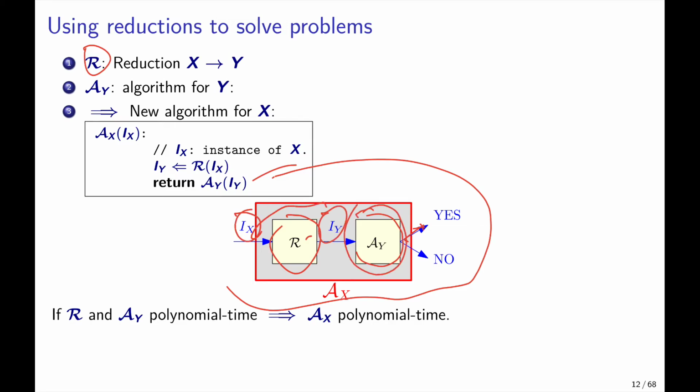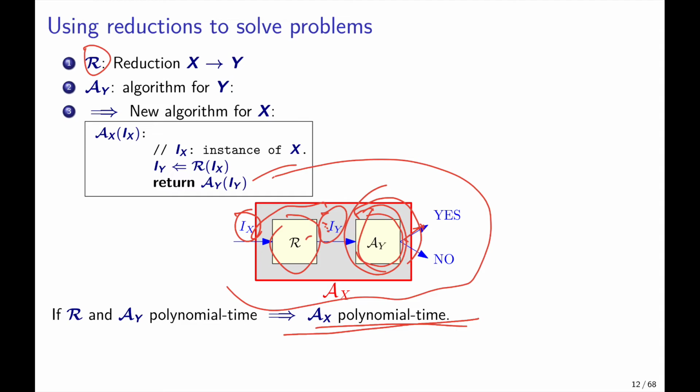And then we feed it into the solver for Y, which also has to be polynomial. Since we are feeding a polynomial size input into a polynomial time algorithm, we get overall a polynomial time algorithm. So polynomial reduction preserves polynomiality if the solvers we have for the problems are polynomial.